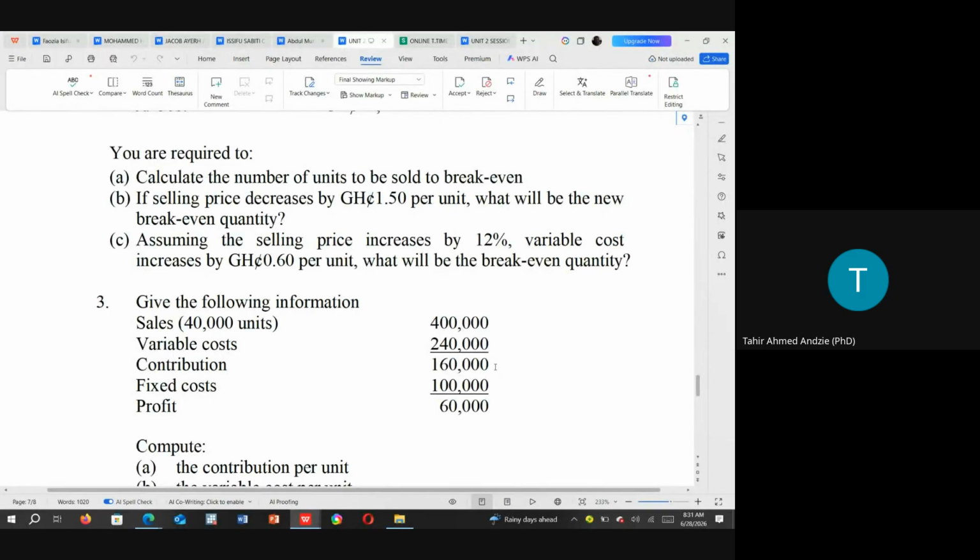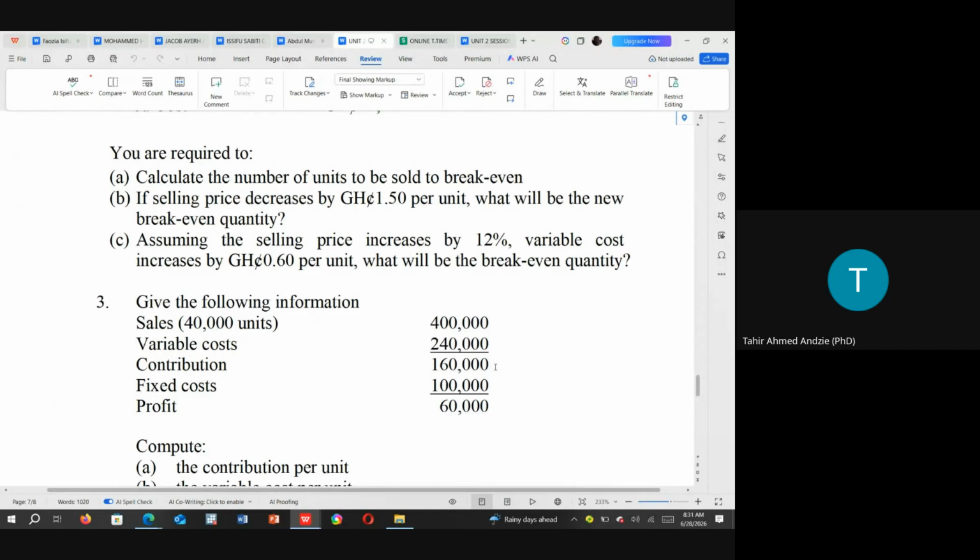For every unit you sell, you make that unit contribution. So to make the total contribution that will cover the fixed cost and the profit, you just have to add the fixed cost to the profit and divide by the contribution per unit. And so the units that you get, if you multiply by the contribution per unit, give you the total contribution, which will cover the fixed cost and the profit. So that is the idea.